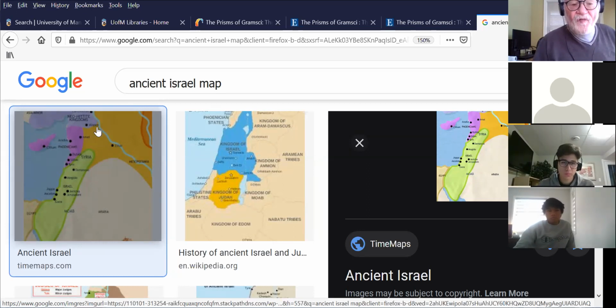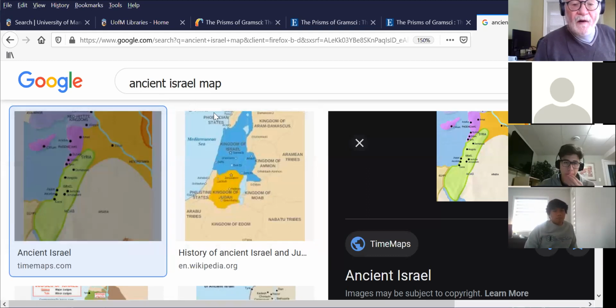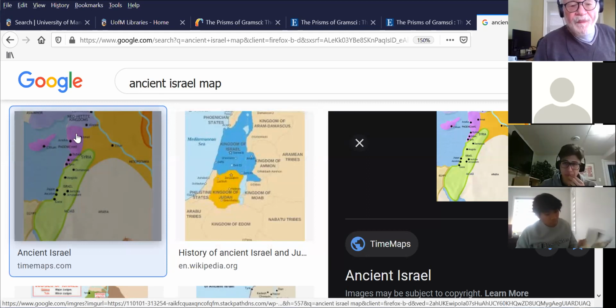you see, this is the Eastern Mediterranean. Here's the Mediterranean Sea, okay? In this area right here, which is settled by people who stem from the Philistines, this area in ancient times was known as Phoenicia. It's now Lebanon and maybe a part of northern Israel.